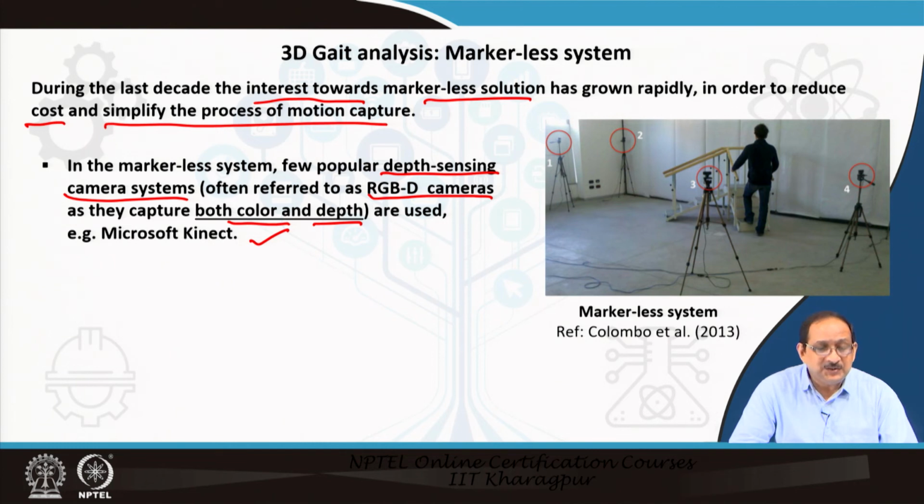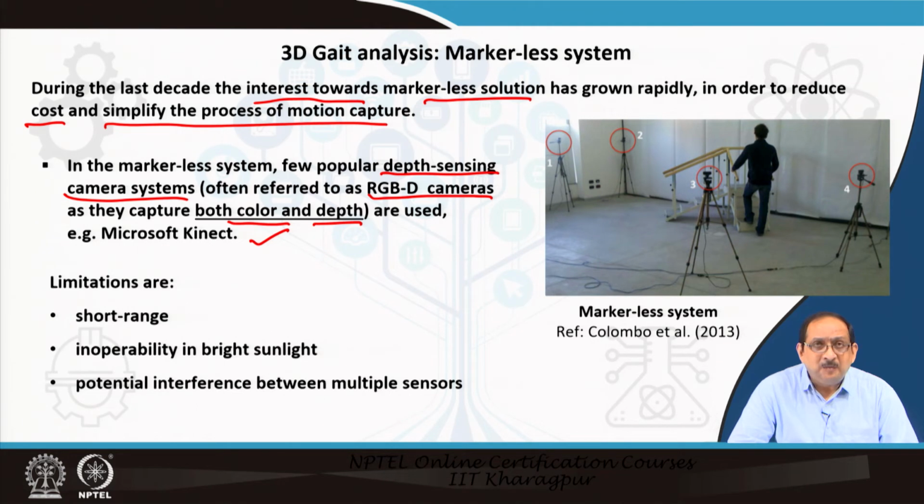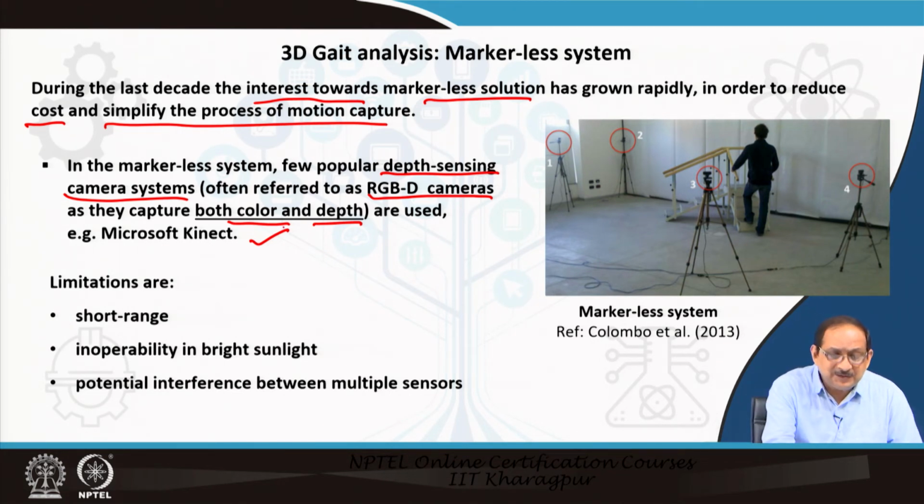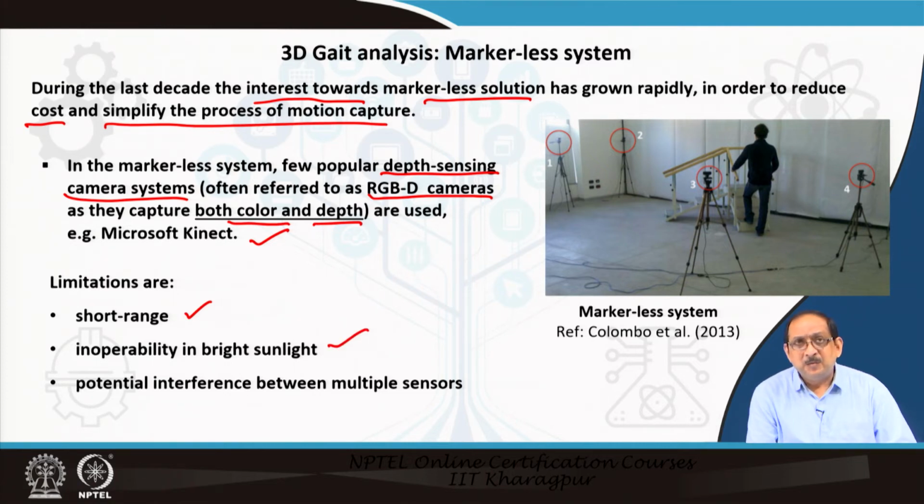Although markerless systems find wide application in clinical and biomechanical research, they suffer from the following limitations. A short range of measurement, inoperability in bright sunlight, and potential interference between multiple sensors are the 3 important limitations of the markerless system.